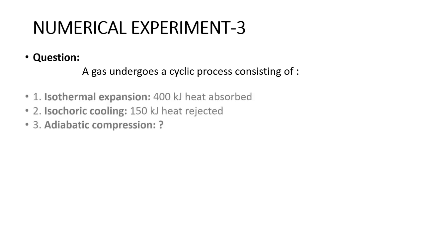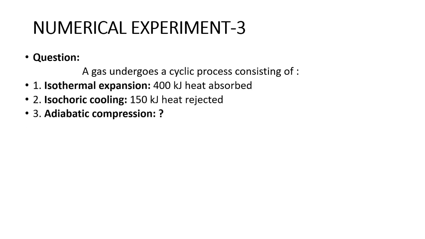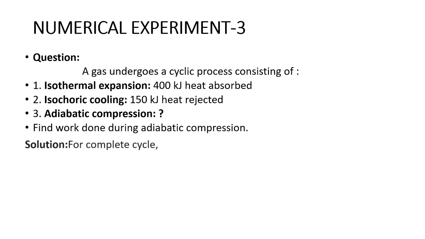Numerical example 3: a gas undergoes a cyclic process consisting of isothermal expansion, where temperature is constant and 400 kilojoules of heat is absorbed, isochoric cooling, where 150 kilojoules of heat is rejected, and adiabatic compression. We have to find the work done during the adiabatic compression.